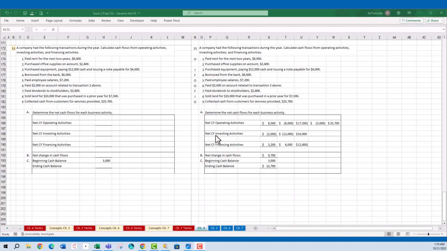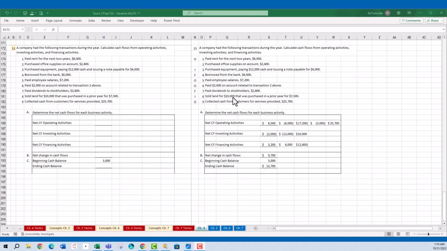When it comes to investing activities, we have 2. We purchase equipment paying $12,000 and signing a note for $4,000. So even though this equipment costs us $16,000, the only amount that goes into the cash flow is what we paid at this point. It's $12,000.